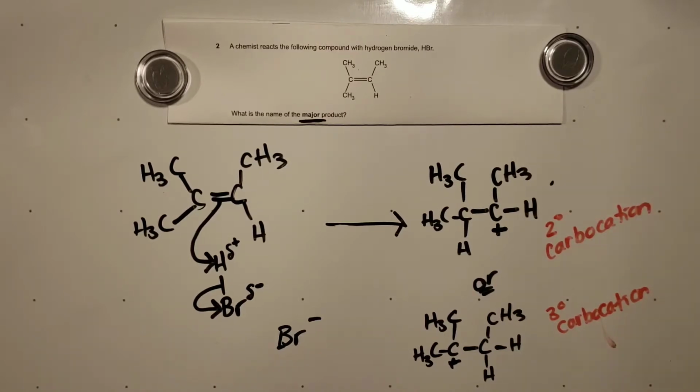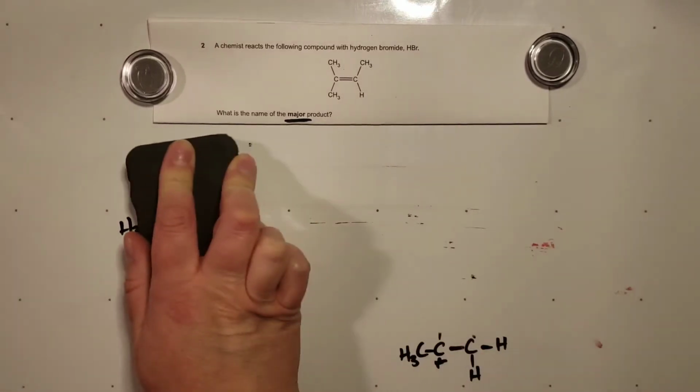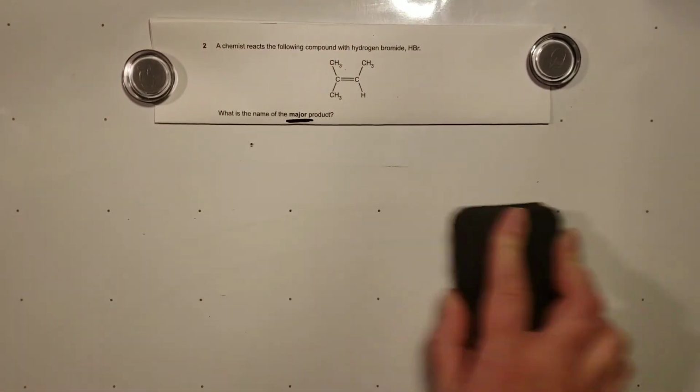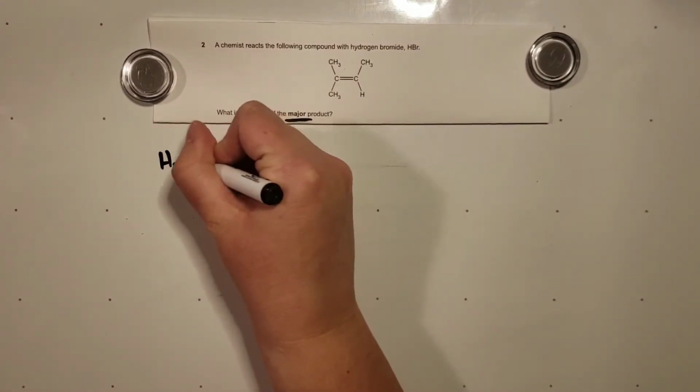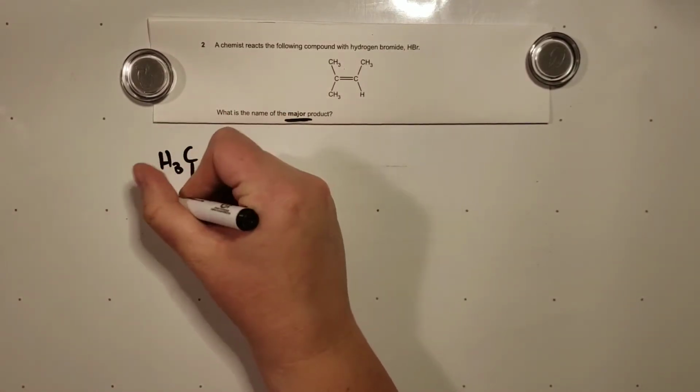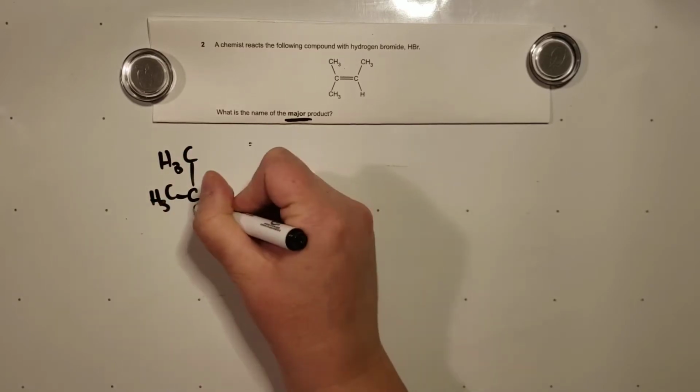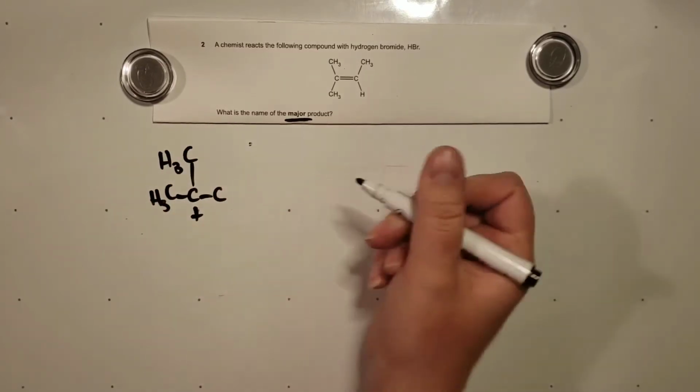So I'm going to erase all of this and we're going to look at that final mechanism of the reaction with the bromide and our tertiary carbocation. So if we rewrite this, that was our carbocation.